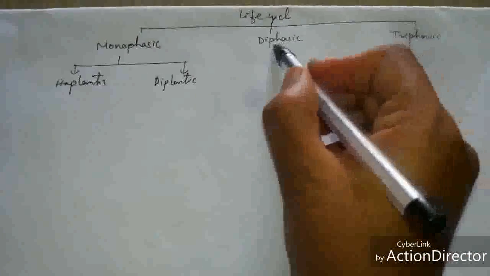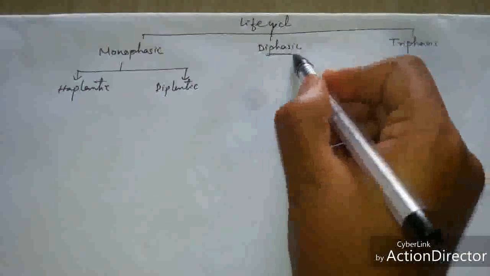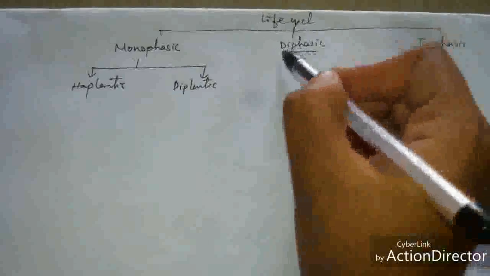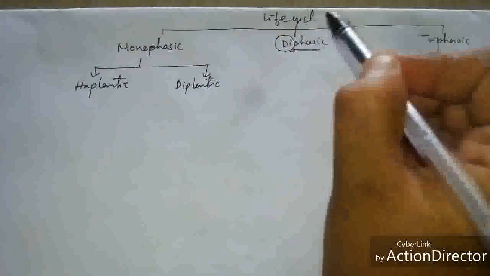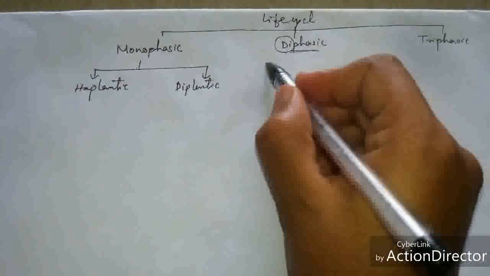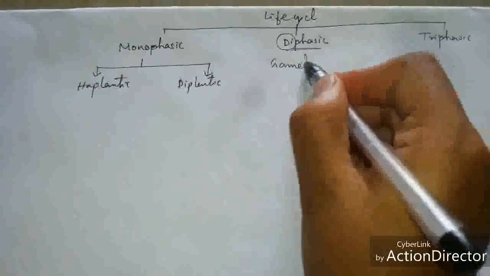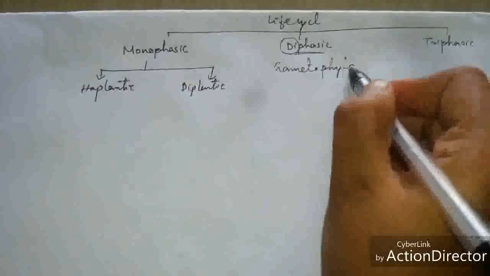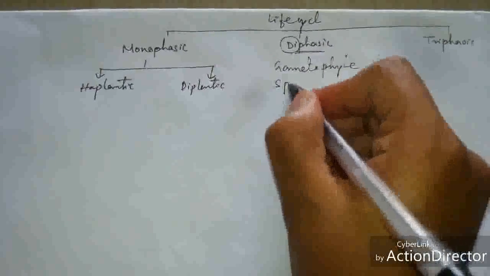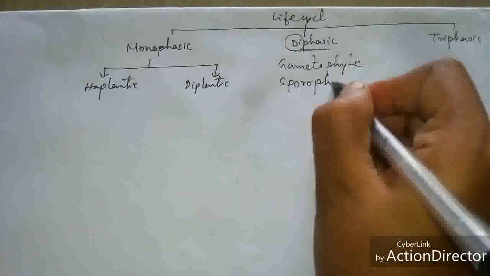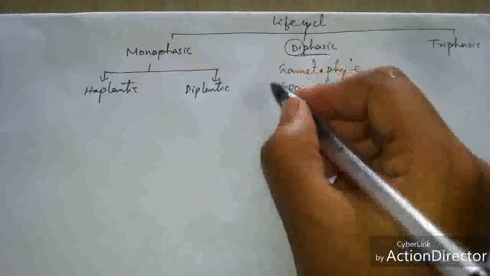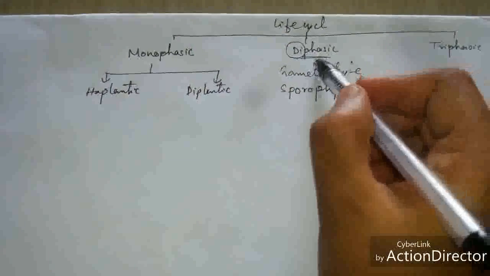Now the diphasic life cycle. In the diphasic life cycle there are two phases, one gametophyte and another sporophyte.